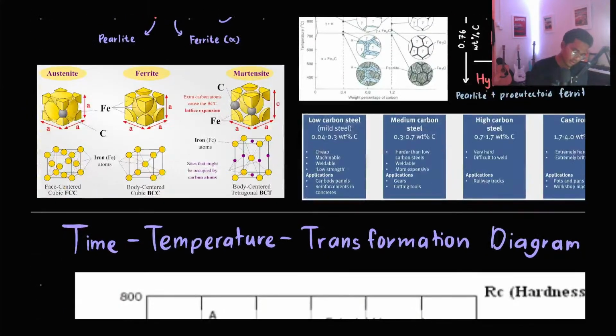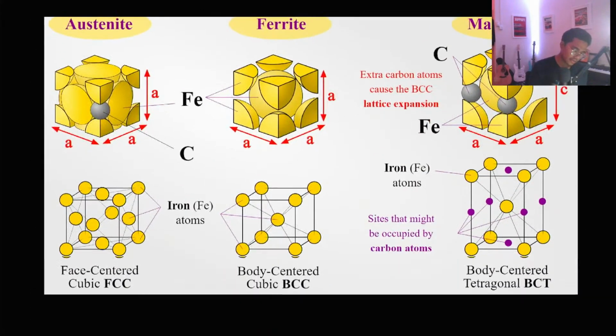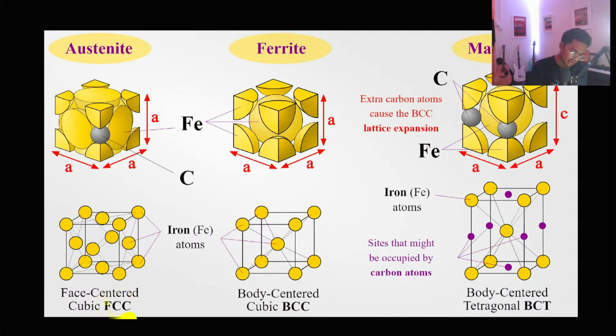FCC is denser than BCC. So let's see here. We have a diagram here. So this is the FCC. This is the BCC. Oh, sorry. The BCC is less dense than the FCC. As you can see, in FCC you have a lot of atoms. You have like 14 atoms in one unit cell.